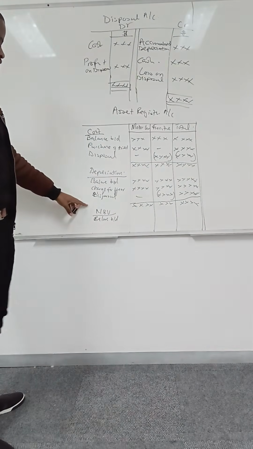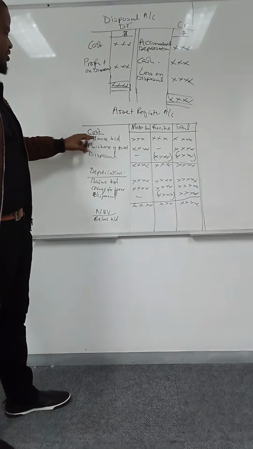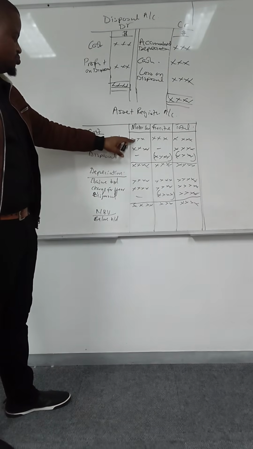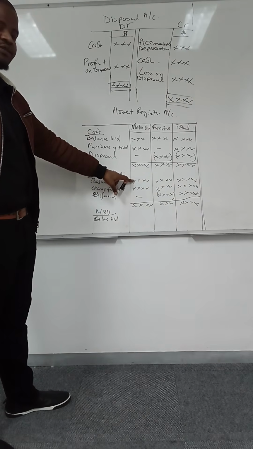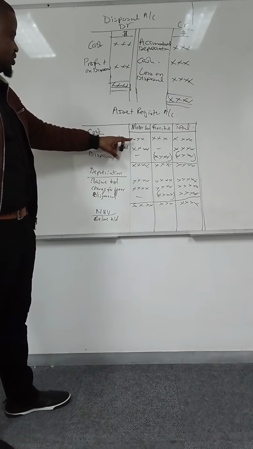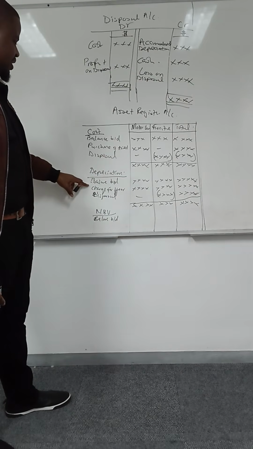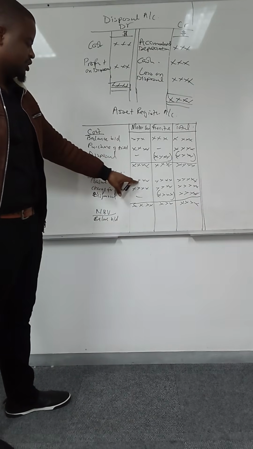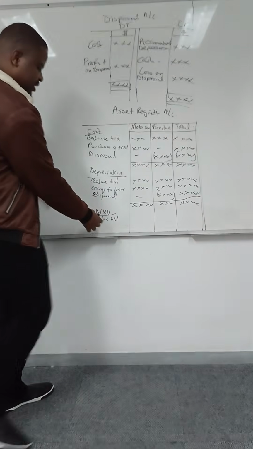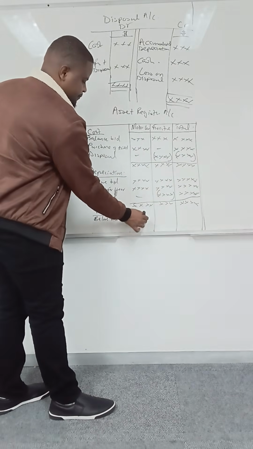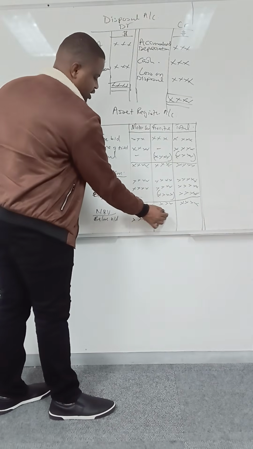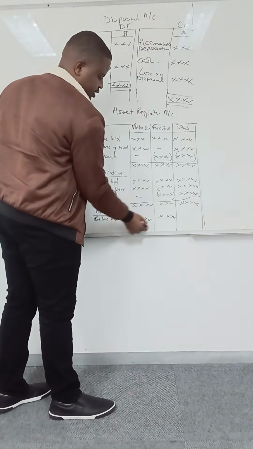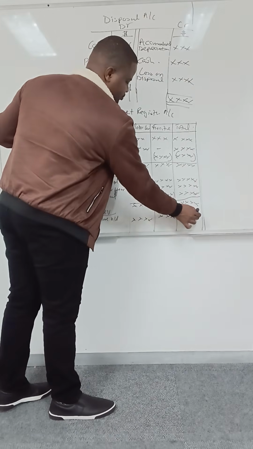So how do we calculate our NBV? We just take the cost balance BD minus the depreciation balance BD. Right? So we take the balance BD minus the balance BD of depreciation, and we get the balance BD in the NBV. Balance BD minus balance BD gives the balance BD. Then we add up to get the total.